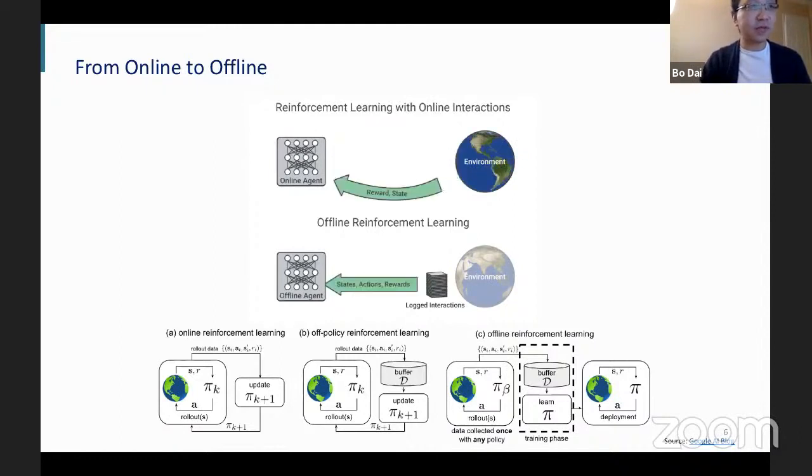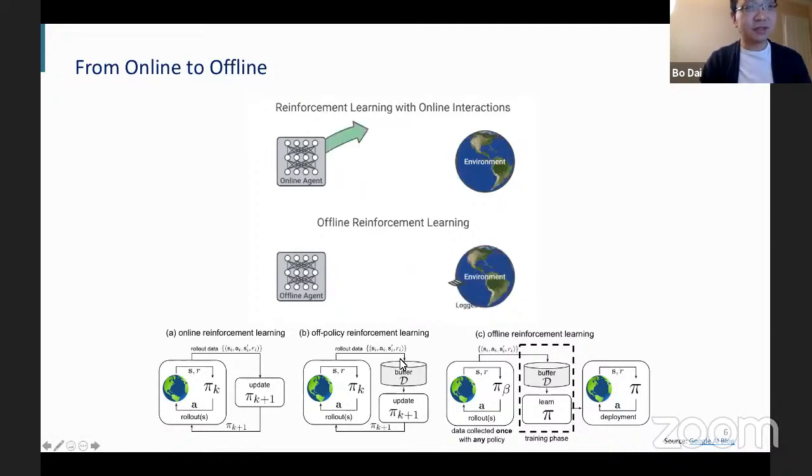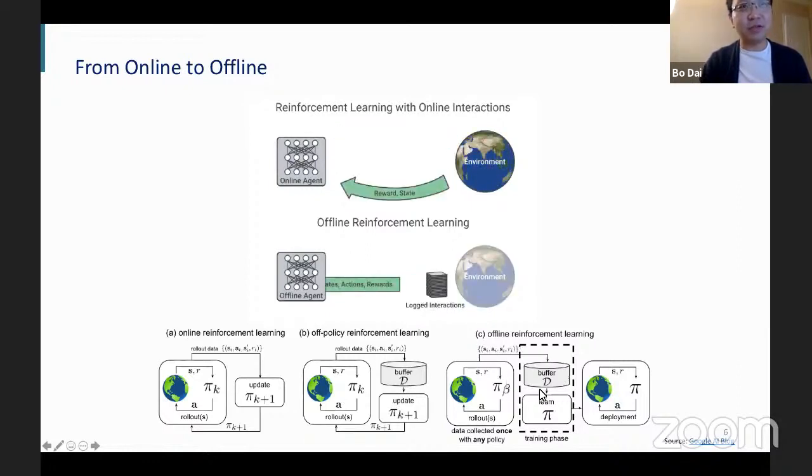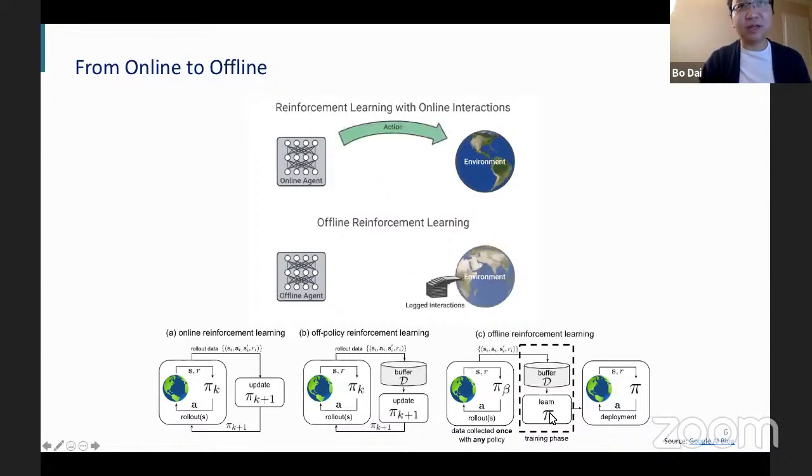Then you use this data buffer to train your policy. This is called off-policy because the data is not only collected by the current policy. On the other hand, in offline reinforcement learning, some other policy collected the data, and your policy to be trained cannot interact with the environment. It can only interact with the buffer collected by the other policy. So this is the significant difference between off-policy and offline.